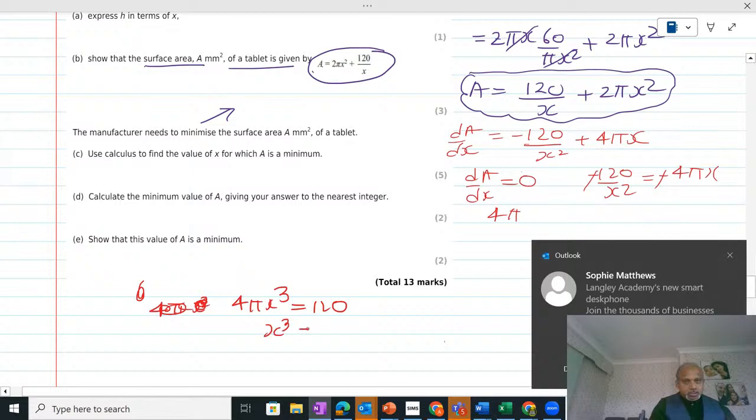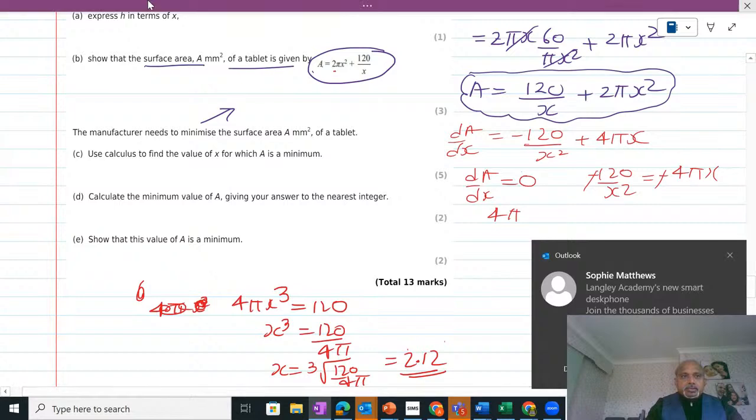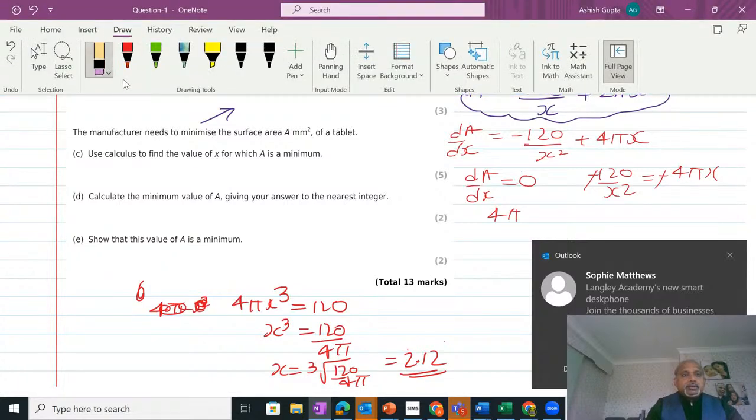So x cube is 120 divided by 4 pi, and x will be the cube root of 120 over 4 pi. If you simplify, it will be 2.12. Okay, 2.12. Is it fine, guys? And put this value here in the area formula. I need to clear this.